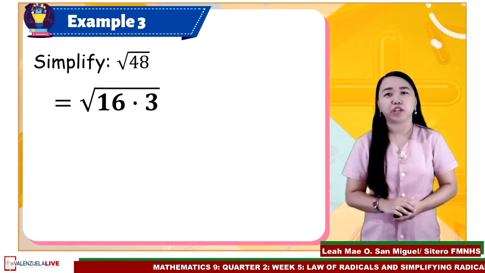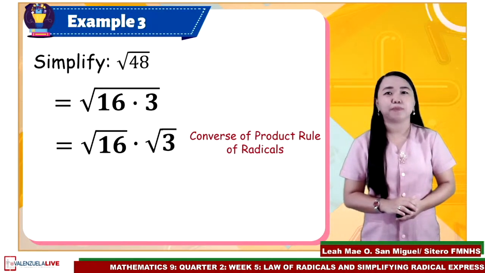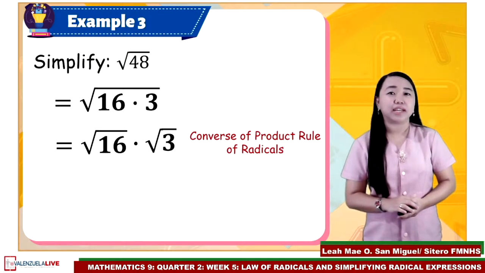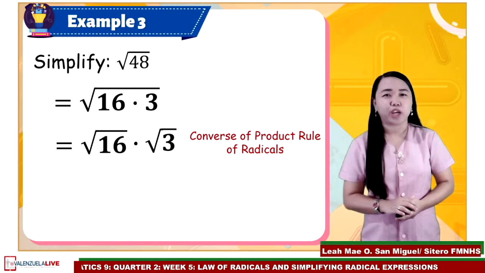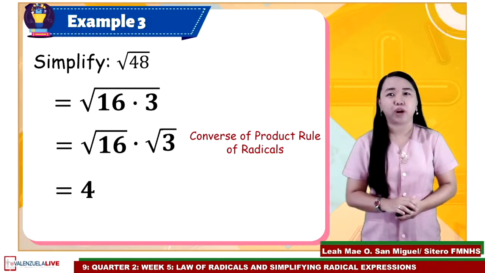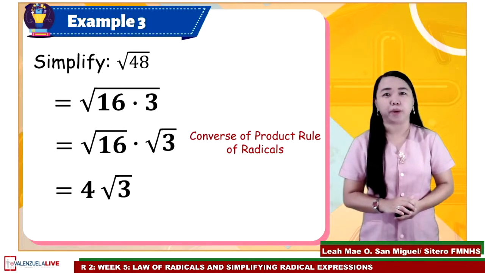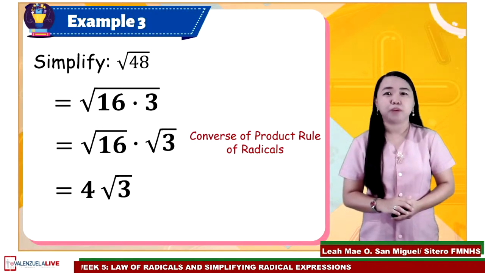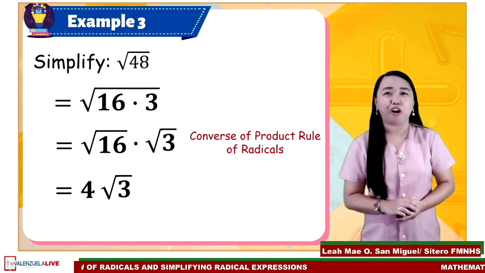Applying the converse of the product rule of radicals, it can be written as the square root of 16 times the square root of 3. Then, the square root of 16 is 4, and the square root of 3 is already in simplest form. Therefore, the simplest form of the given is 4 square root of 3.